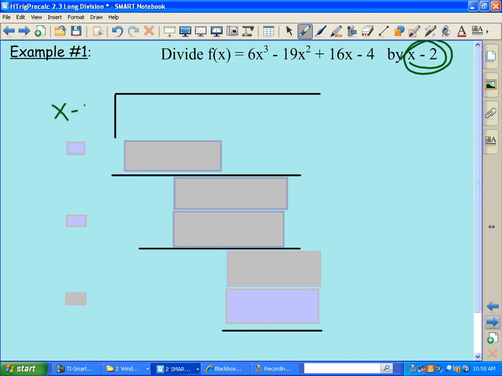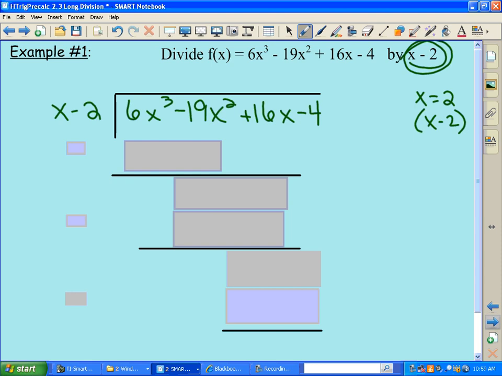So x minus 2 is outside, 6x cubed, 19x squared, 16x minus 4 is inside. This is the same problem you just looked up in your calculator. And that x minus 2 represents the 0 that we found in the calculator. Because remember, a 0 can be x equals 2, or it can be as a factor as x minus 2.